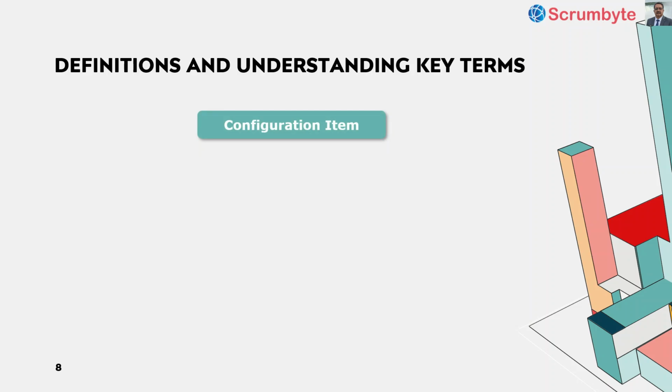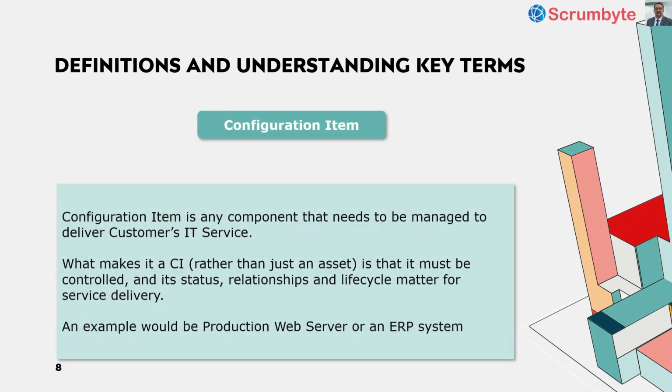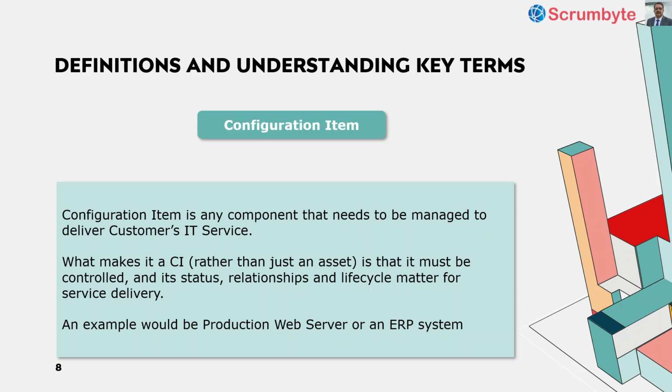Now let's come to what is a configuration item. A configuration item is any component that needs to be managed to provide a proper customer service, and we are talking very specifically about an IT service. For example, say there is a printer.